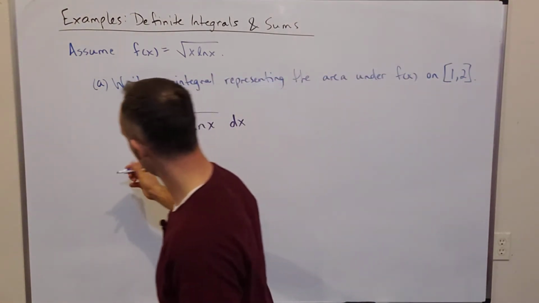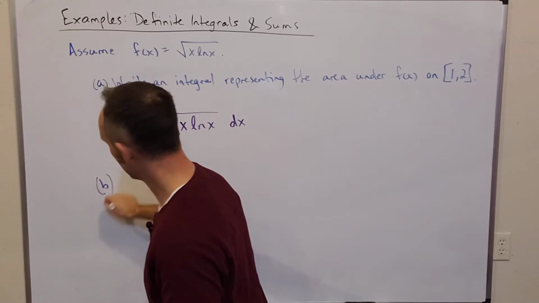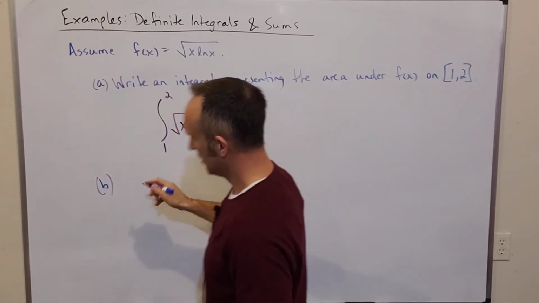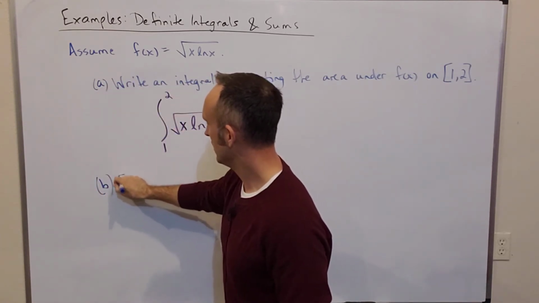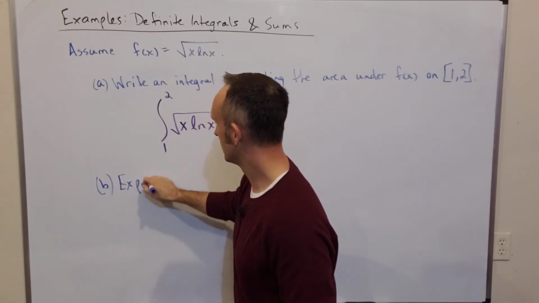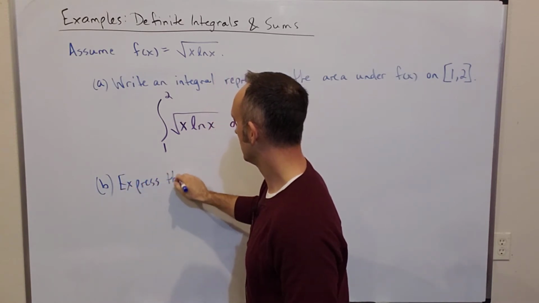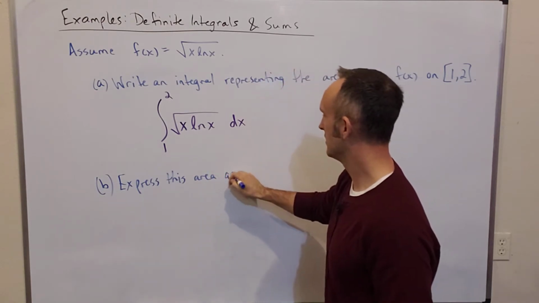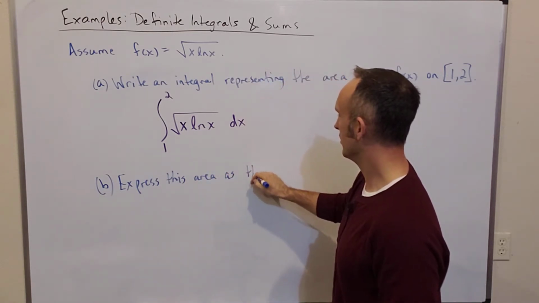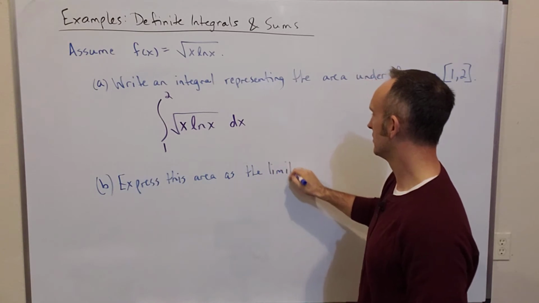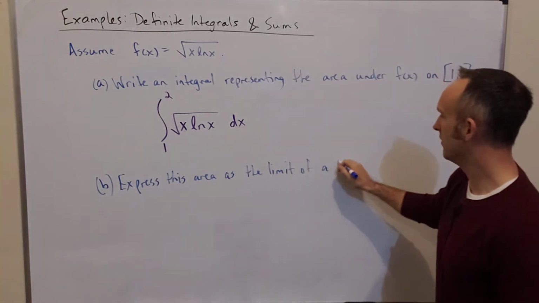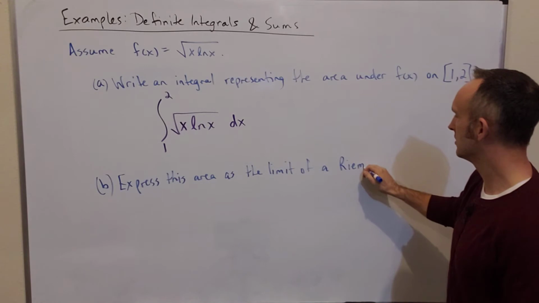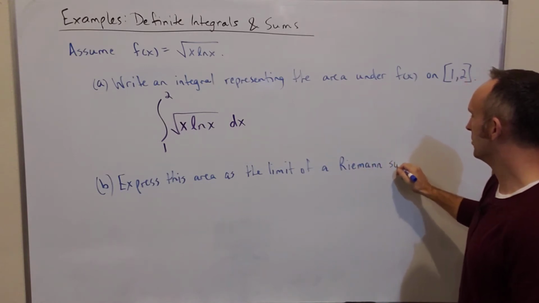Part B, express this area as the limit of a Riemann sum.